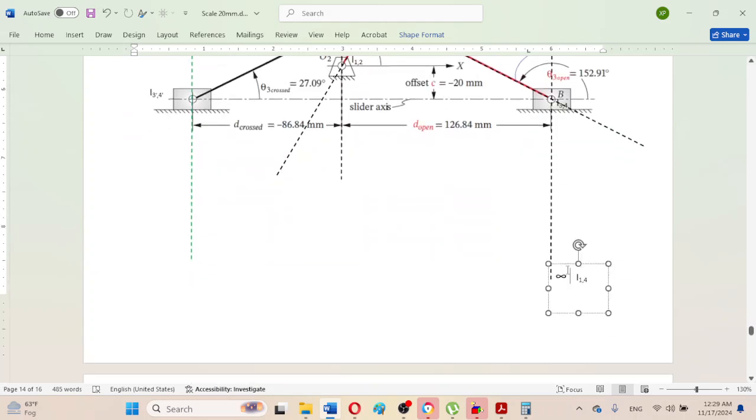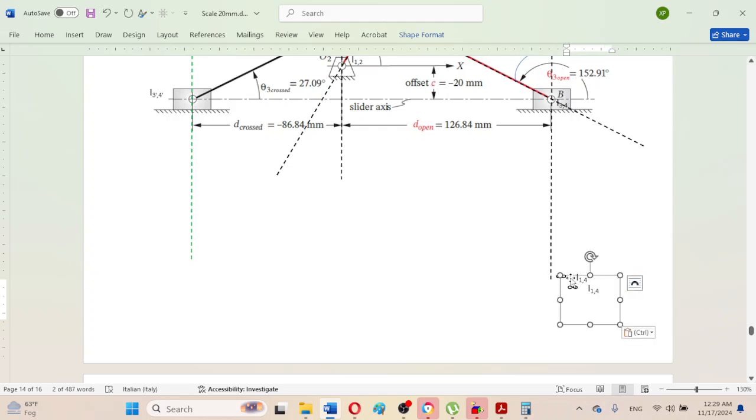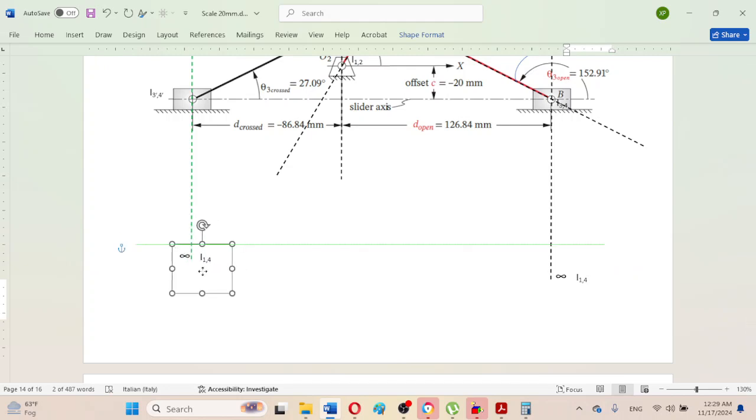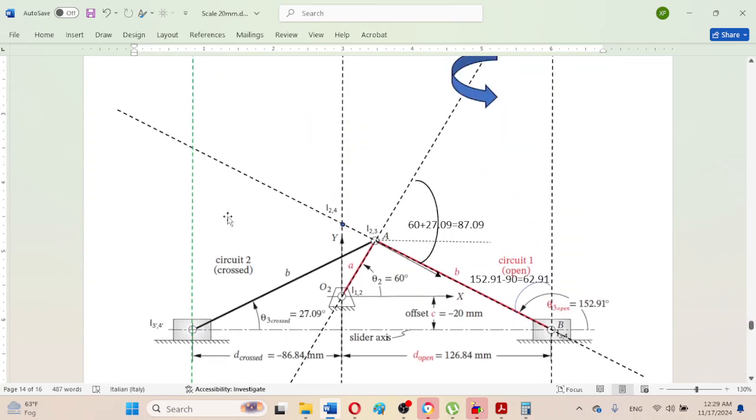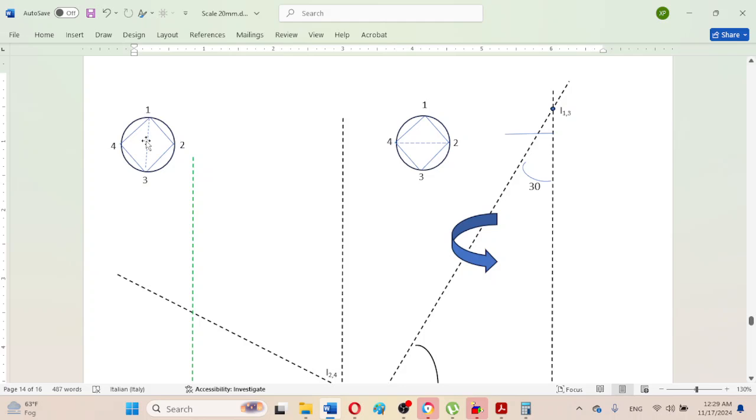Again I can just copy and paste it here, and in a similar manner I can label it. This is link number 1, because link number 1 is common, and this is 4 dash. So in this way, as we can observe, the same linear graphs will be used, and we can just assume the dash symbol where necessary.